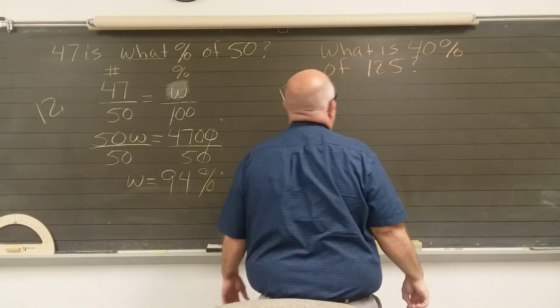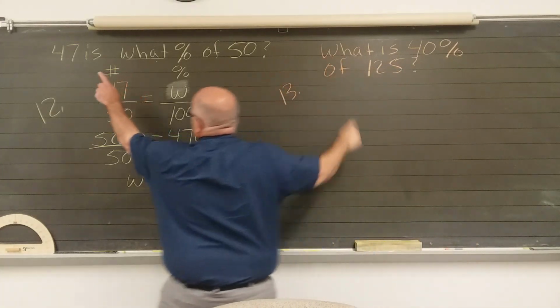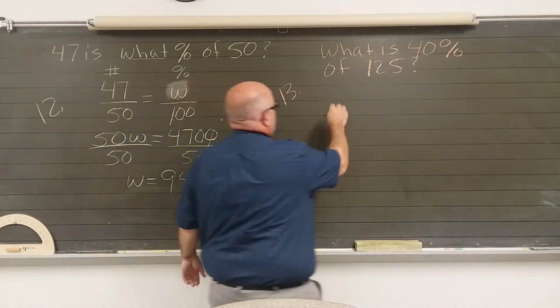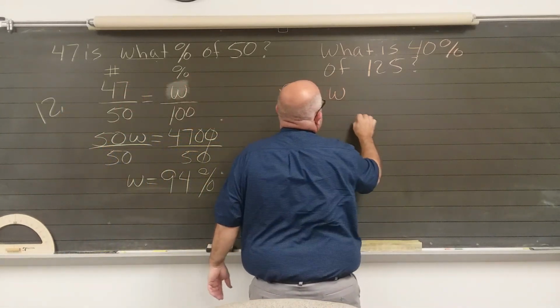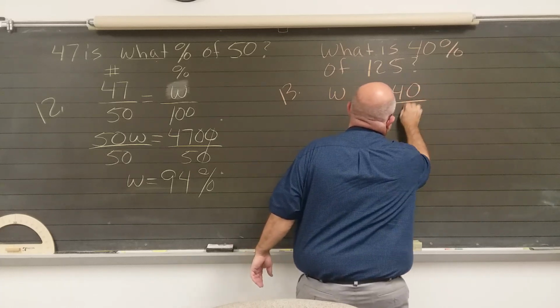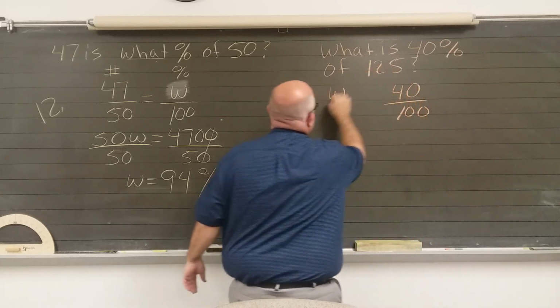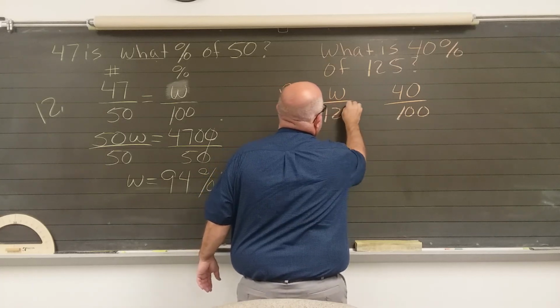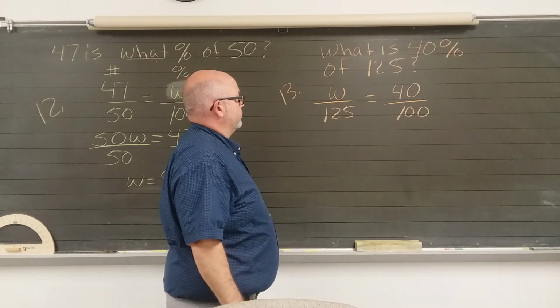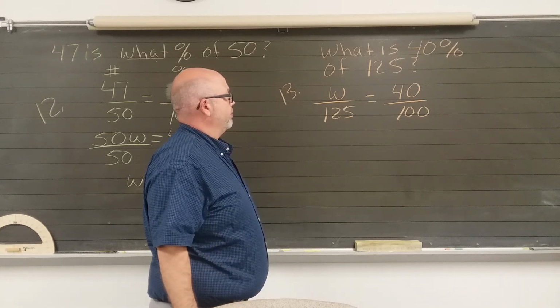What is, so there's your what. So what is 40% over 100 of 125? All right? That is the proportion for number 13.